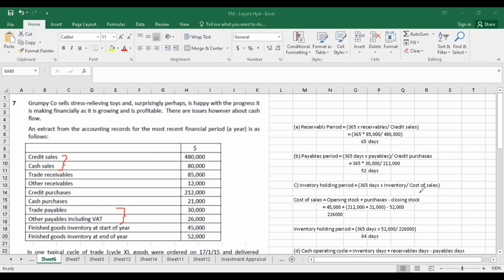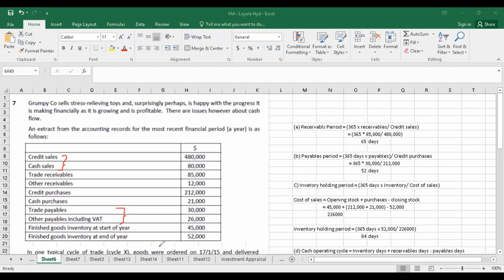So what are we to do? Eliminate that profit margin and focus only on the cost of the units that are sold, the cost of goods sold. We also know the formula for cost of goods sold, which is opening stock plus purchases minus closing stock. The data is all provided to us.